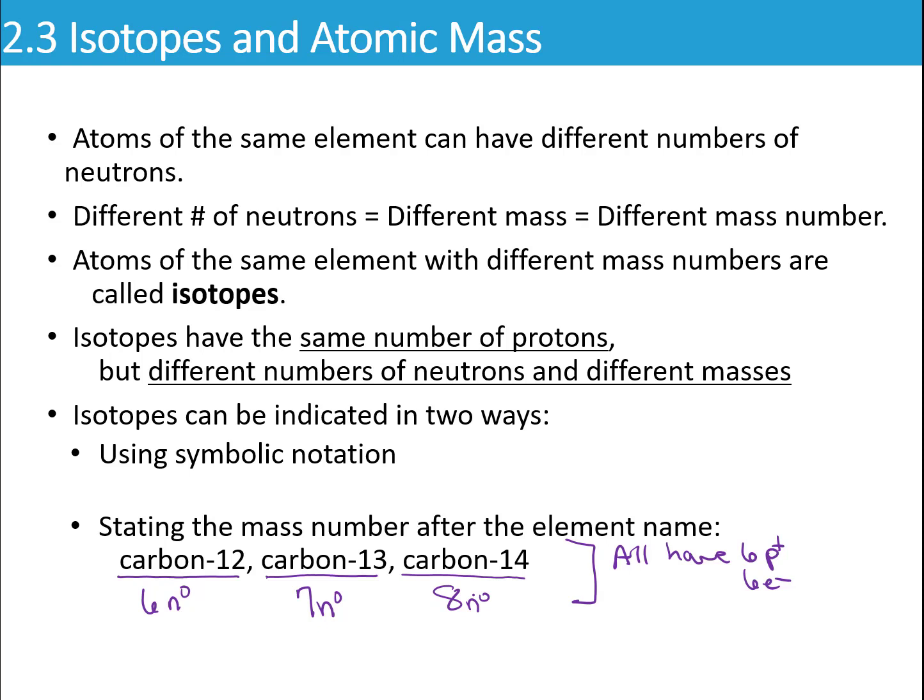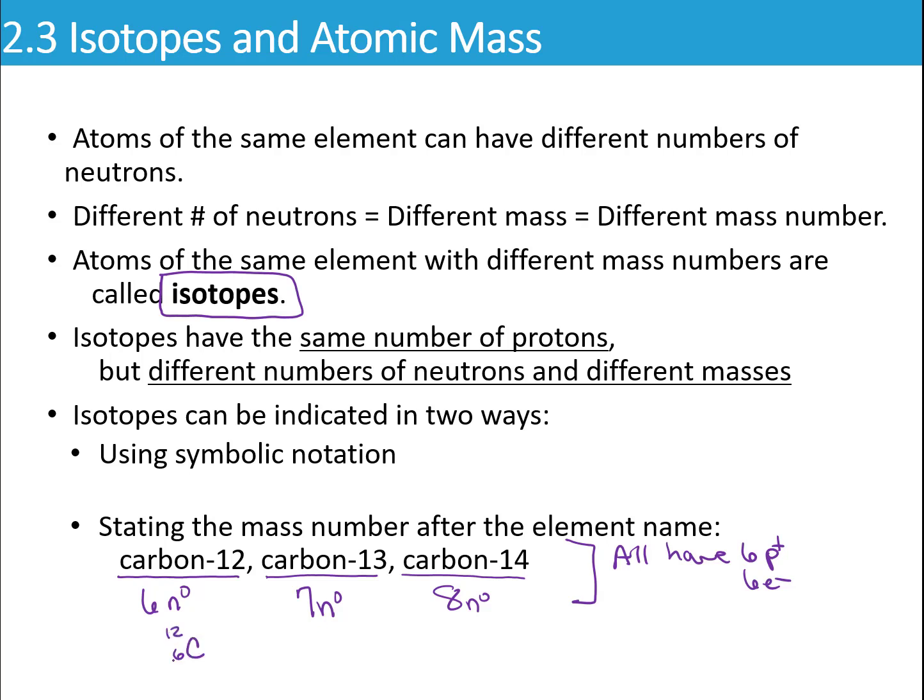So these still act like carbon. They just have different numbers of neutrons. They call elements with different mass numbers isotopes. So you can recognize them this way. So like carbon 12, carbon 13, carbon 14. I could also write it in that symbolic notation.